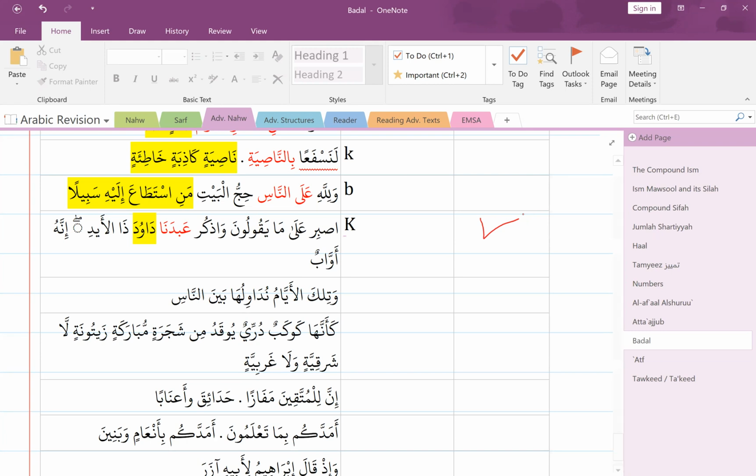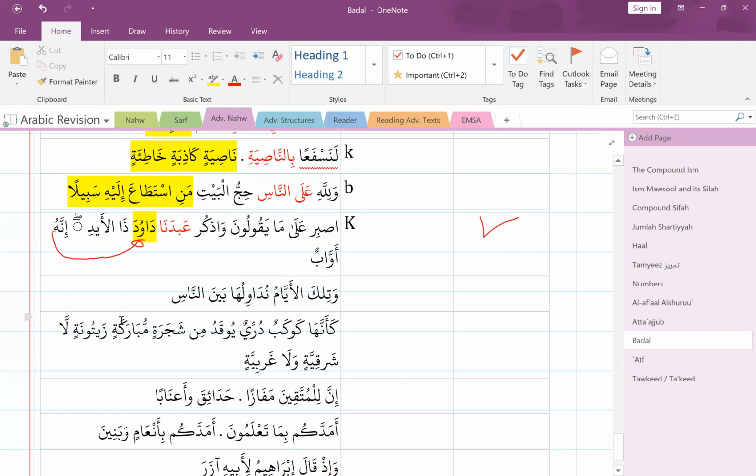Got it. So only in the portion or in al-ishtimal. But of course this hu goes back to Dawood. The pronoun always goes back to something that came before it, like 99.9% of the time. Exactly.